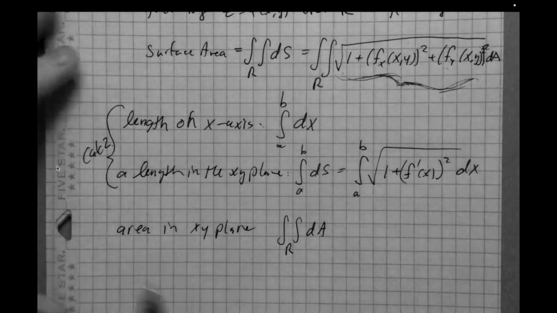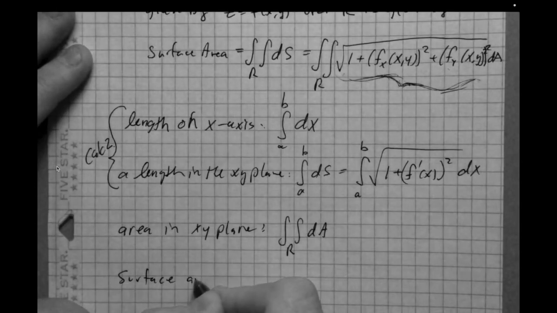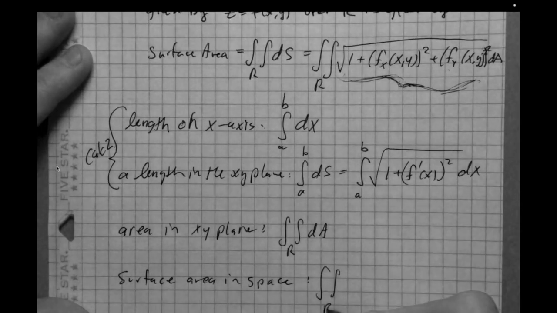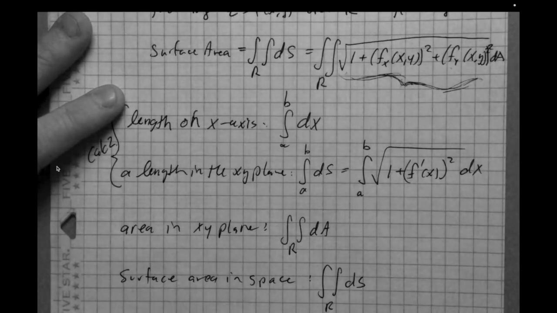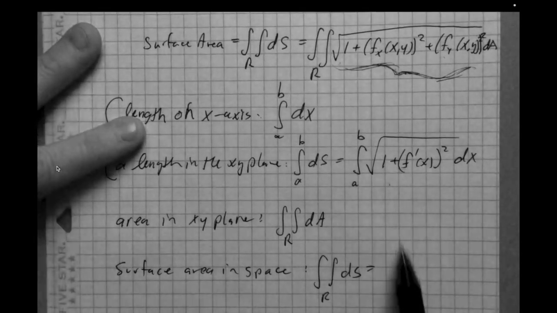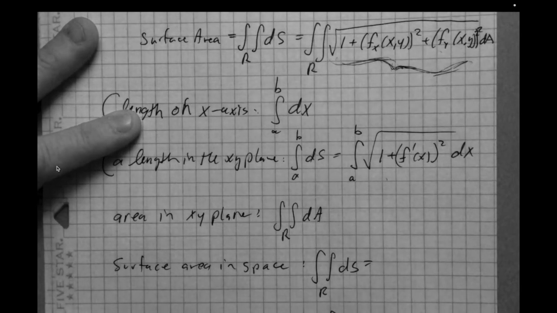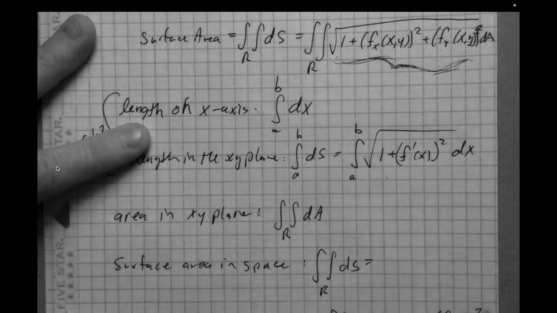Okay, and that can be extended to the surface area in space, which is the double integral dS. Okay, so you take this, and then it has a similar formulation to what we see in this one. It's equal to the double integral over R of the square root of 1 plus f sub x of (x, y) squared plus f sub y of (x, y) squared, and then dA.